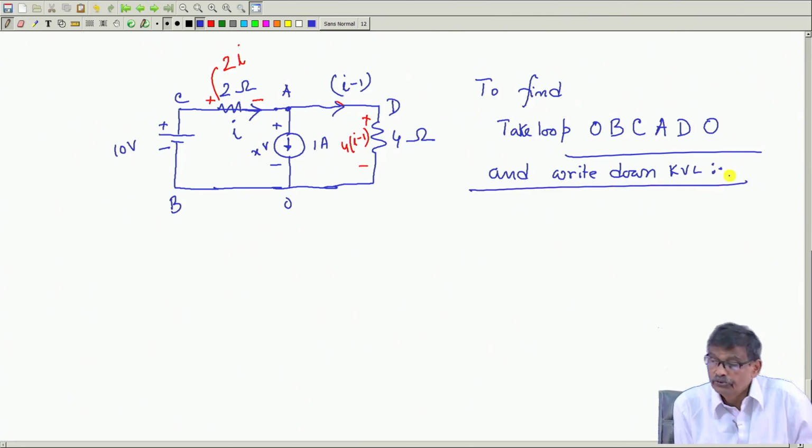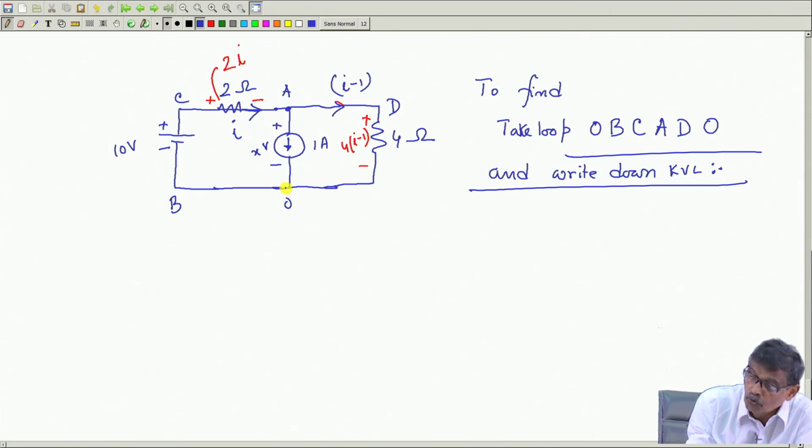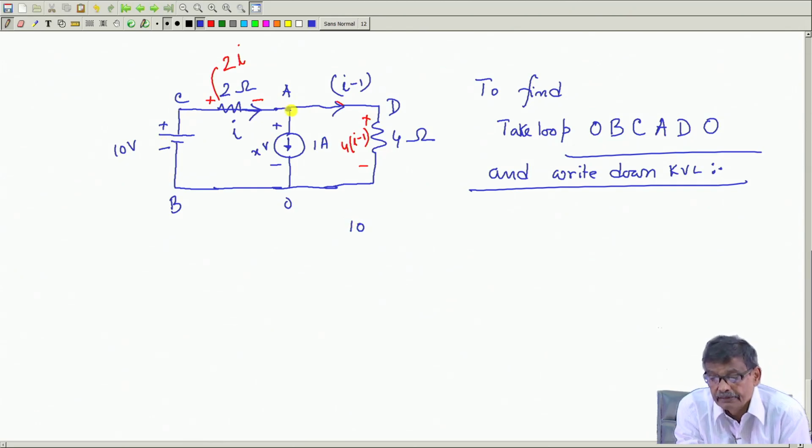So, start your journey from O to B, no voltage drop, 0, then B to C. Yes, there is a voltage rise, minus to plus. So, write down plus 10 volt. Then C to A, plus to minus, of magnitude 2 I.